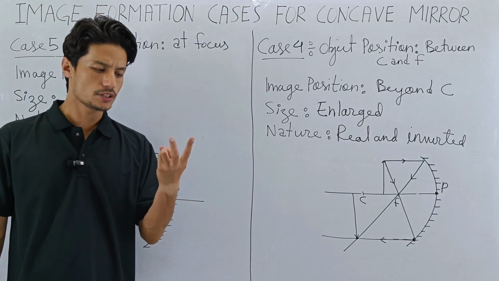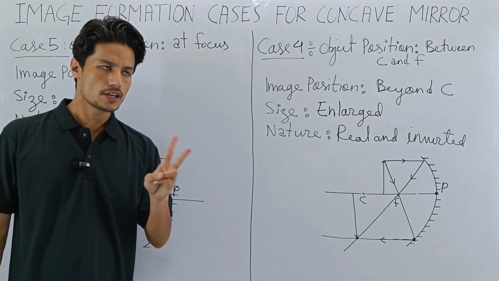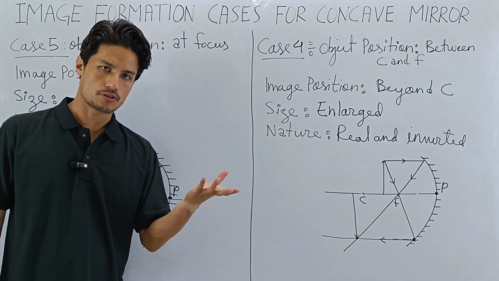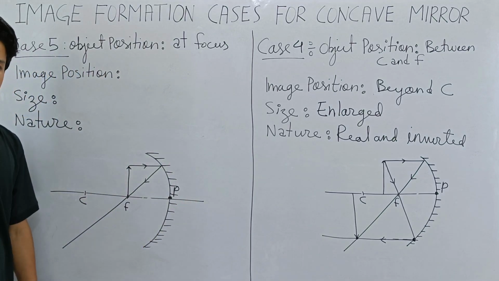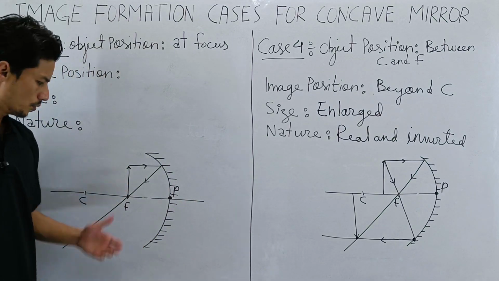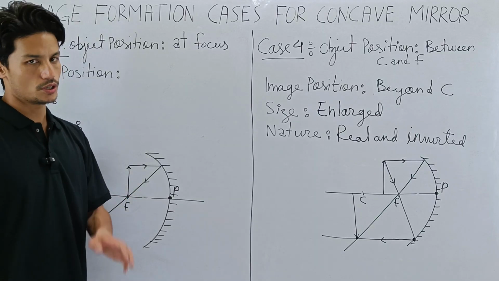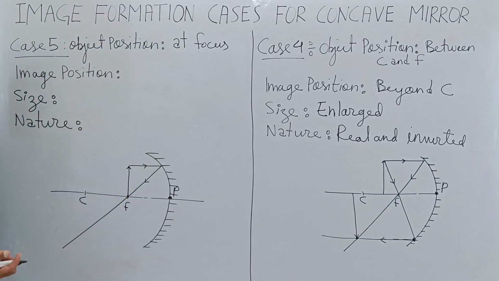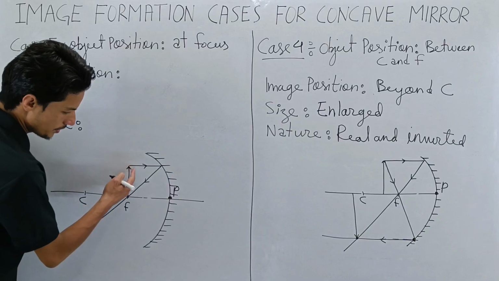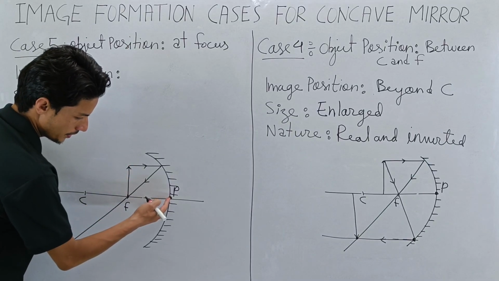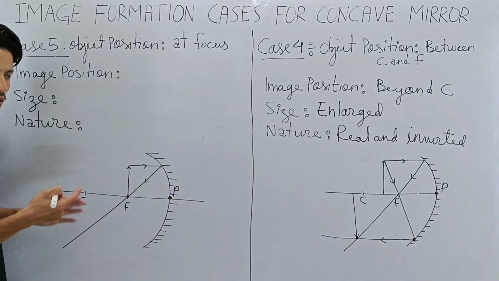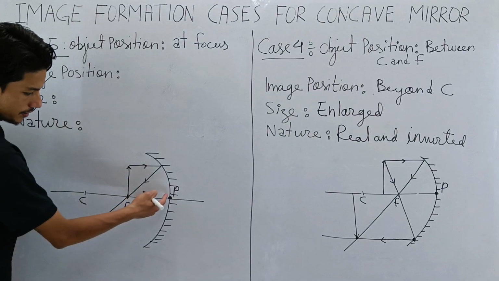But don't worry, we still have 2 more rules left, rule number 3 and rule number 4. You can use rule number 3 or rule number 4. I will go for rule number 4. In rule number 4, the incident ray enters through P, and then following the law angle I is equal to angle R, it gets reflected.